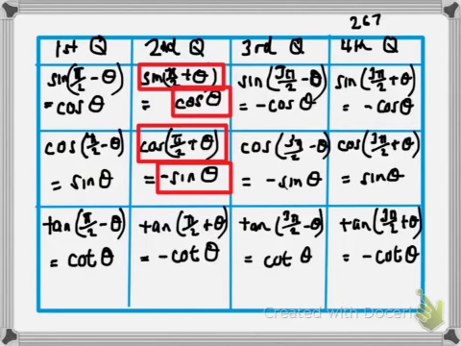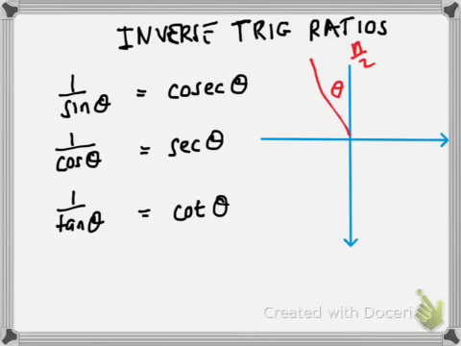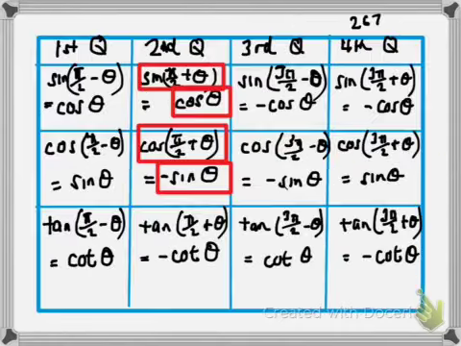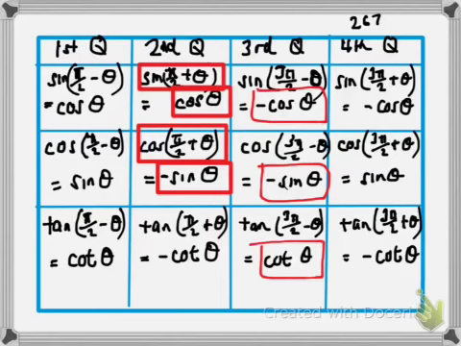Third quadrant, sine now is negative. So sine of 270 minus theta, so 270 minus an angle, puts us in the third quadrant. Sine is negative in the third quadrant, therefore we get negative cosine theta. Cosine is negative in the third quadrant, so we get negative sine theta, and tan is positive, so we get cot theta, positive.